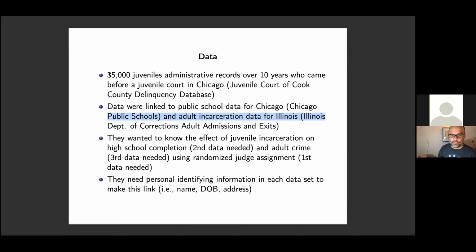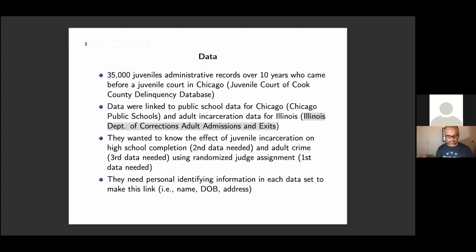Data from these 35,000 records is going to be linked to public school data, coming from the Chicago Public Schools. And then it's also going to be linked to adult incarceration data for Illinois. So look at this.